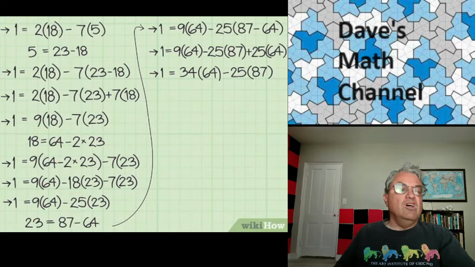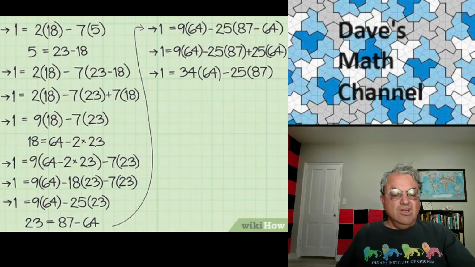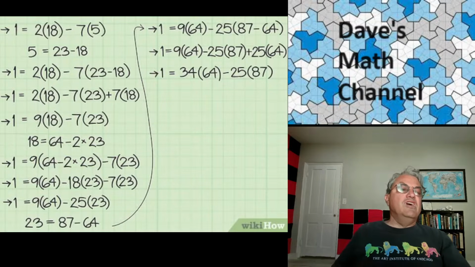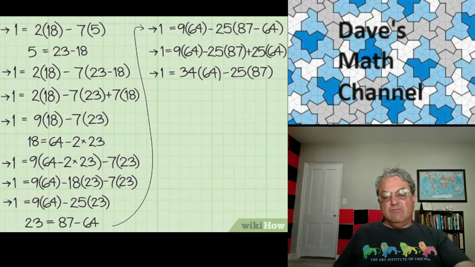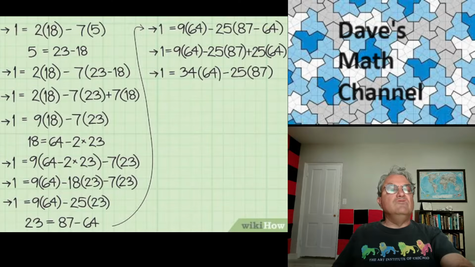You want to write 1, the GCD, as a linear combination of the numbers you started with, 64 and 87. When you keep backtracking through all the work you've done, you find that 1 is equal to 34 times 64 minus 25 times 87. So now you have to remember these numbers, 34 and minus 25.